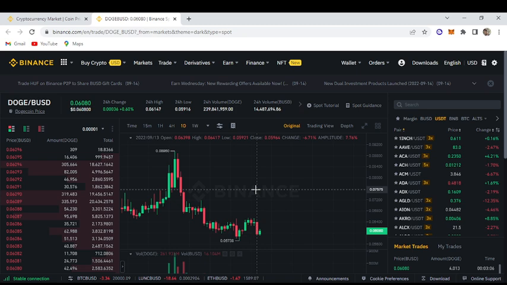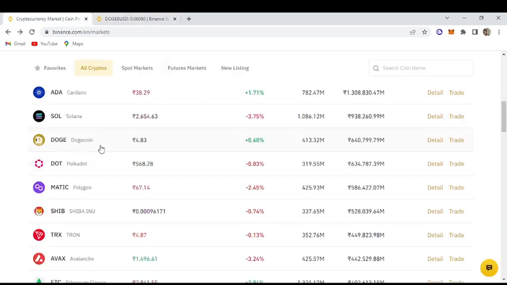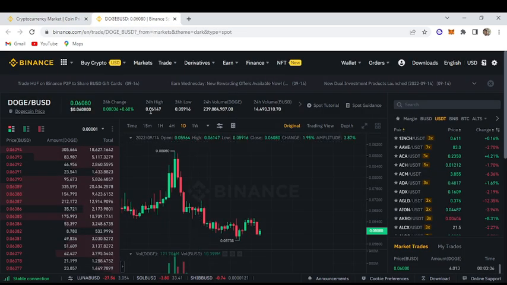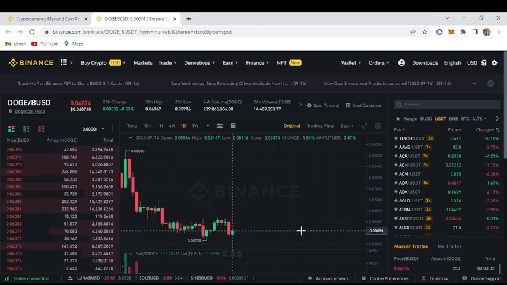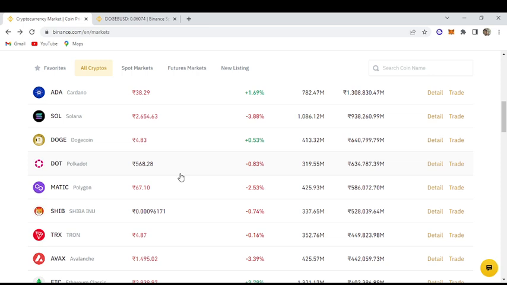This can be for gambling, or a very little amount which you don't care about, because they have no utility, right? So Dogecoin is 0.60% up from the past 24 hours. The 24-hour high was $0.06, and the 24-hour low was $0.059. Currently it is around $0.06.